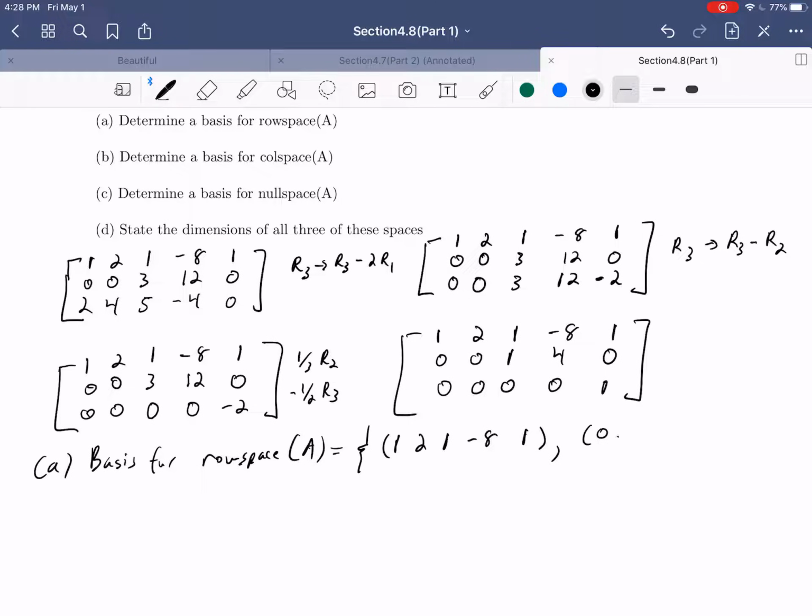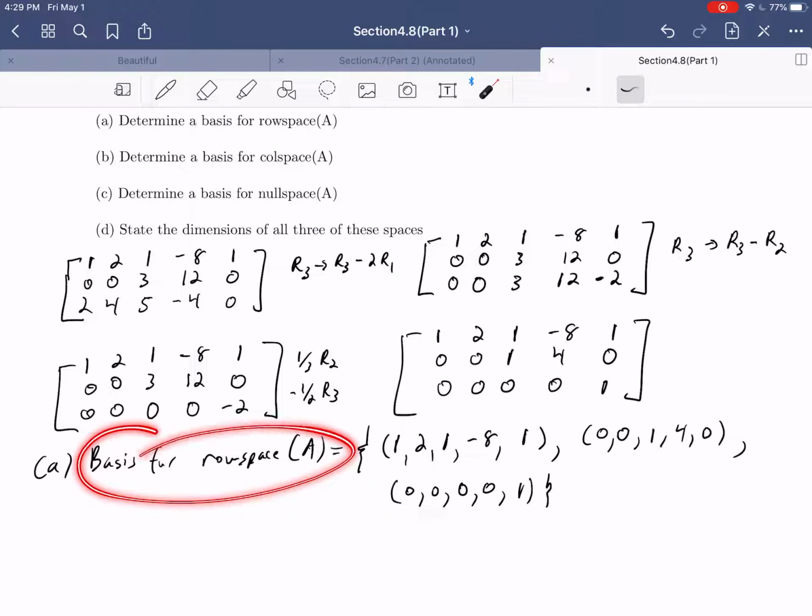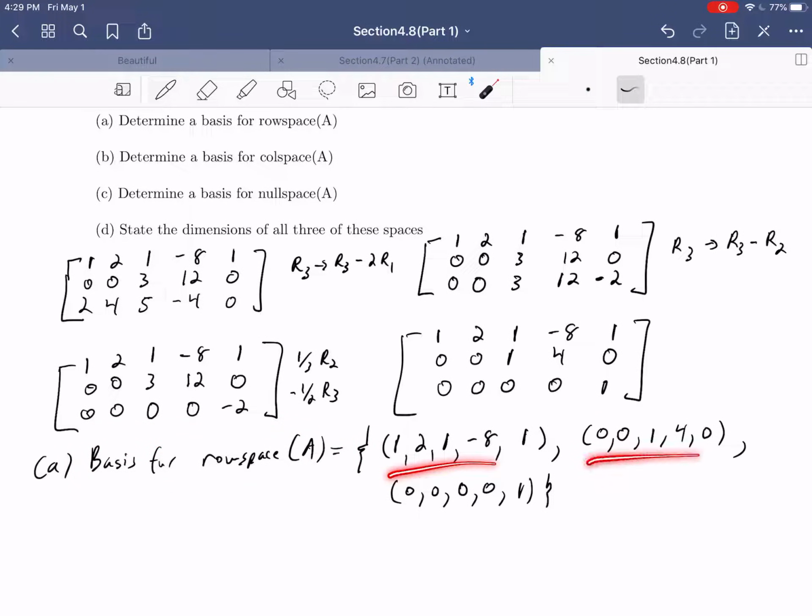Also 0, I guess I can put commas there, right? 0, 0, 1, 4, 0, and 0, 0, 0, 1. Okay. So there we go. There's the basis for the row space of A. It's just the non-zero rows of the row echelon form.